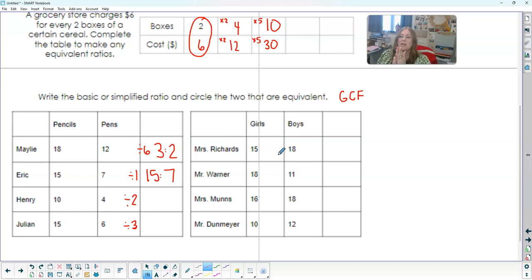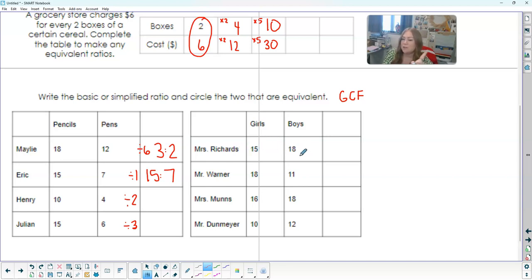So we need the greatest common factor. Can 15 go into 18? No. Can 14? No. 13? No. 12? No. 10? No, right? We're just counting down until we find a factor. 9? Ooh, 9 goes into 18, but not 15. 8? No. 7?